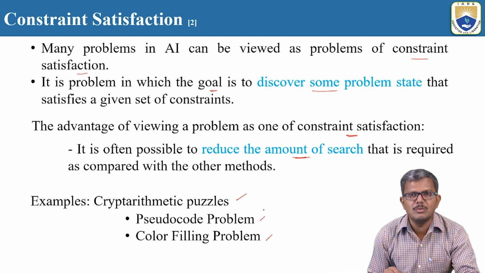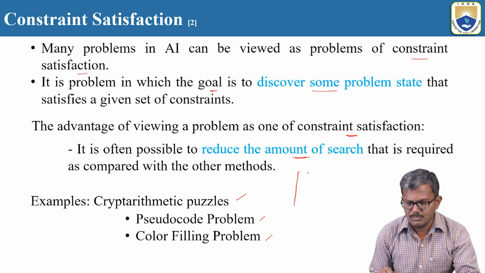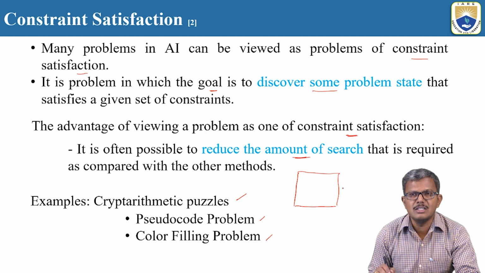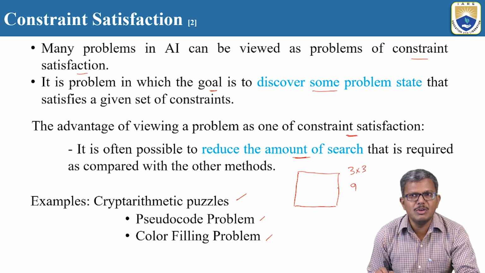If we talk about the Sudoku problem itself, we know that it is a board which is going to have 3 by 3 boxes, all of 9. How many boxes are we going to see? 9 boxes.